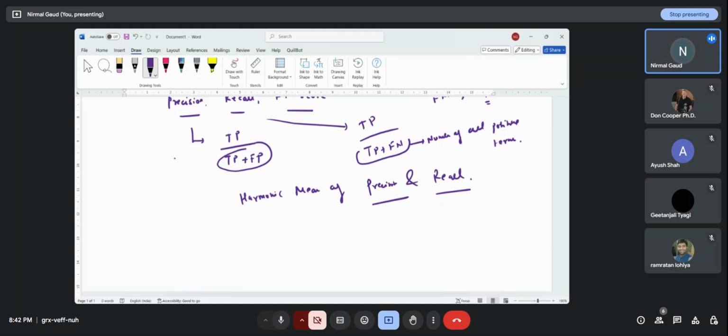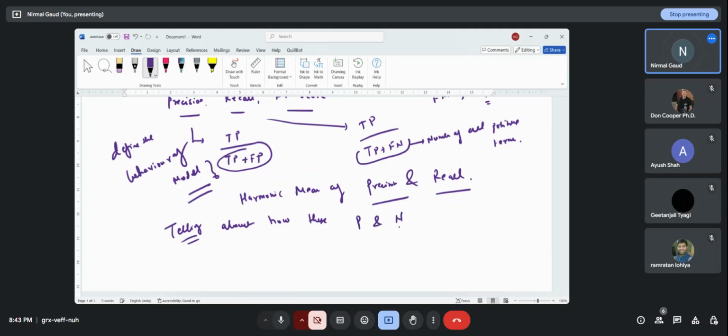These terms also define the behavior of the model because they are telling about how these labels, positive and negative, these targets are identified by the model.